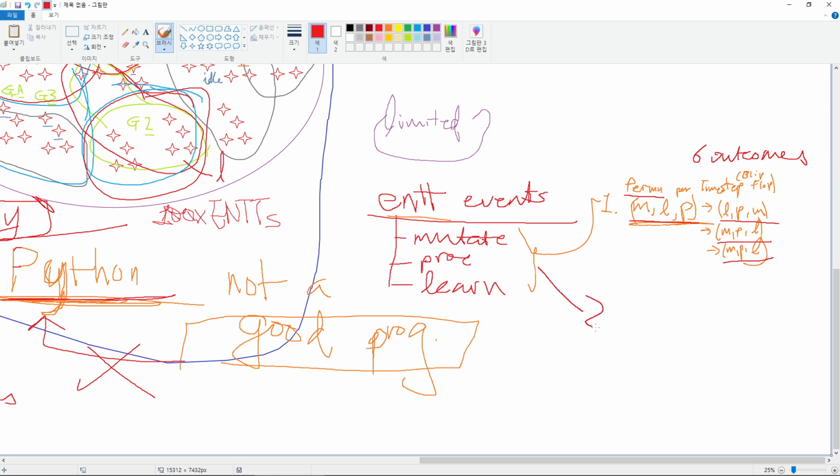Another way of doing it could be to just randomly choose k entity events. In Python it will be random dot choices from these 3 activities, or from these 3 entity events, where k is 3, or it could be 5, it could be 10, it could be 100, it could just be 2, just be 1.